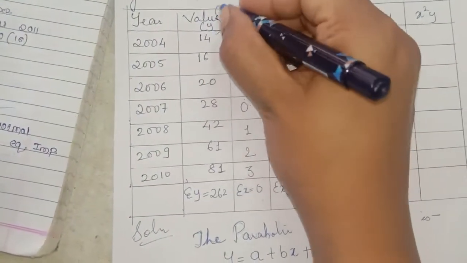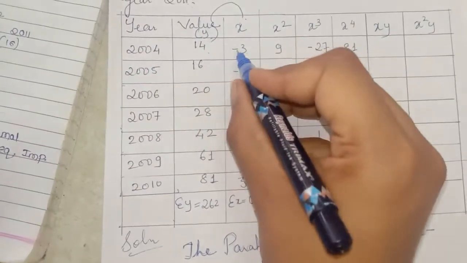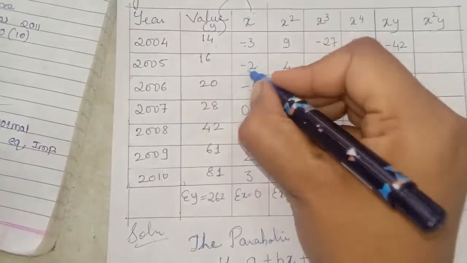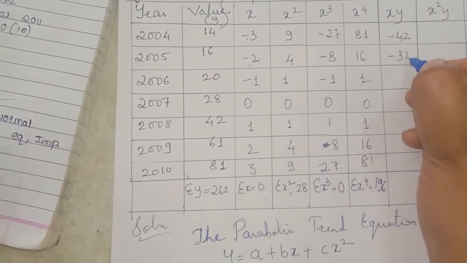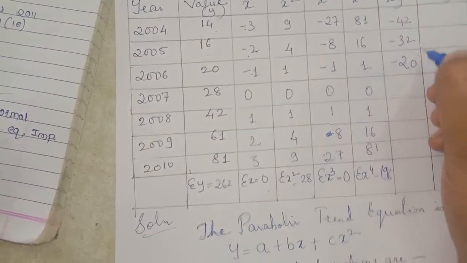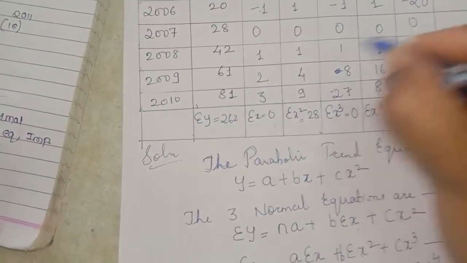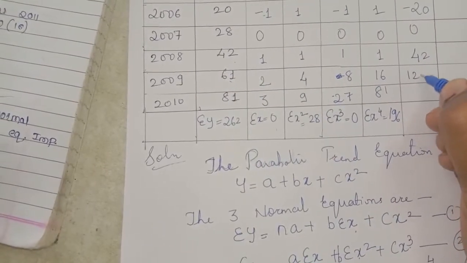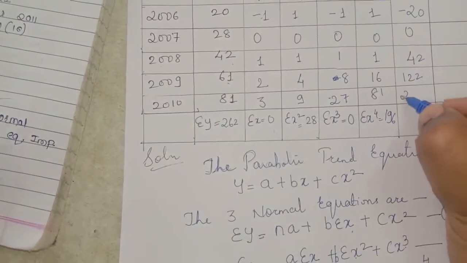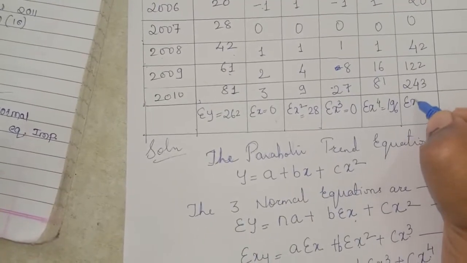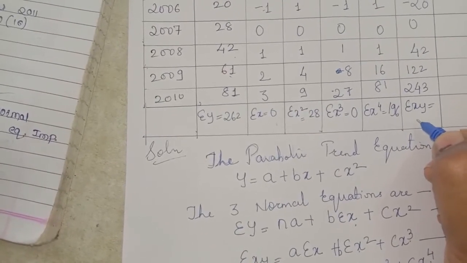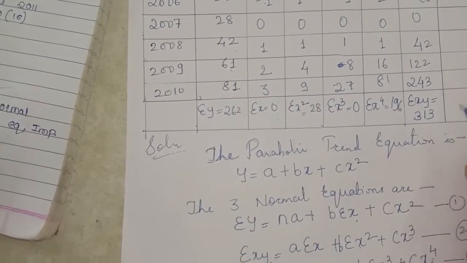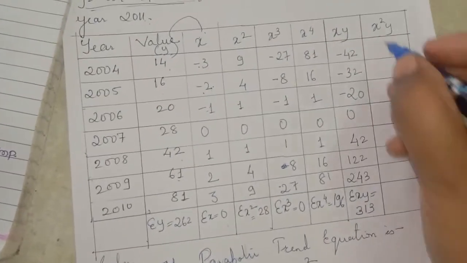Here it is x, here it is y, multiply these two. 14 into minus 3 is minus 42. 16 2s are 32, that is minus 32. 20 into minus 1 is minus 20. 28 into 0 is 0. 42 1s are 42. 61 2s are 122. 81 3s are 243. So summation xy is equal to 313.